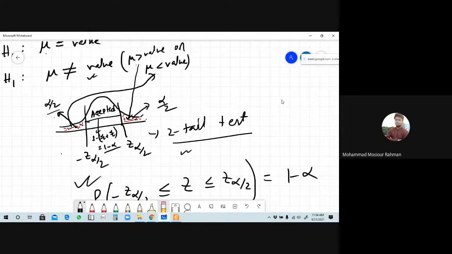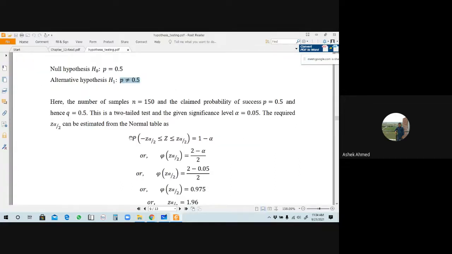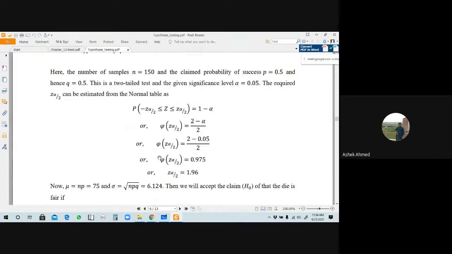Yes, sir. Okay. Then for the acceptance region, we know that the probability of minus z alpha less than or equal to z less than or equal to z sub alpha will be 1 minus alpha here. Then what will we do? For determining the value of alpha by 2, we will apply this formula that we already know. We wrote 7.36 here. From here, we will find out the value of z sub alpha by 2.